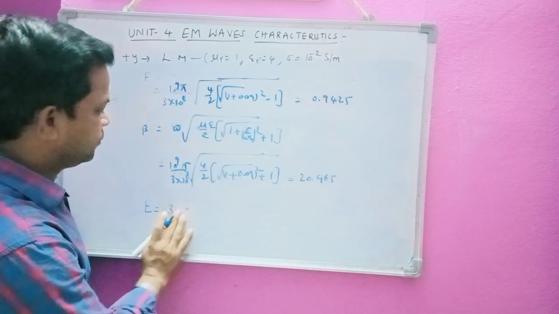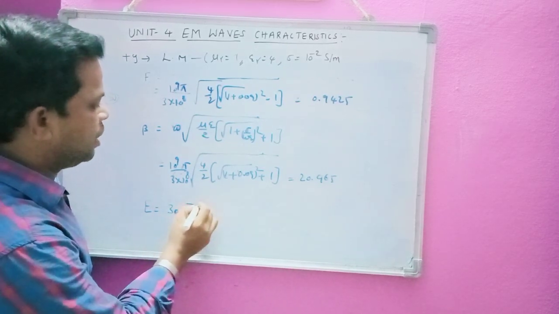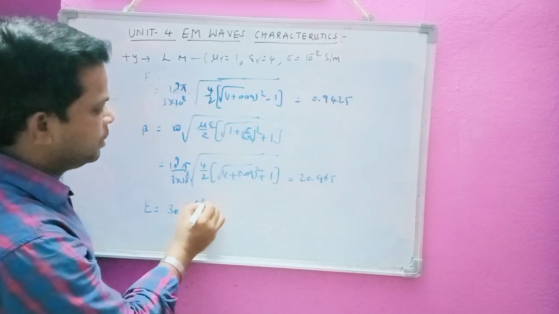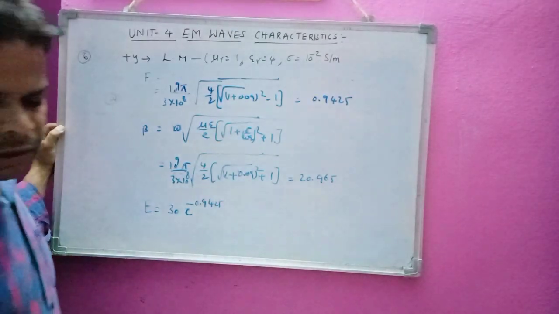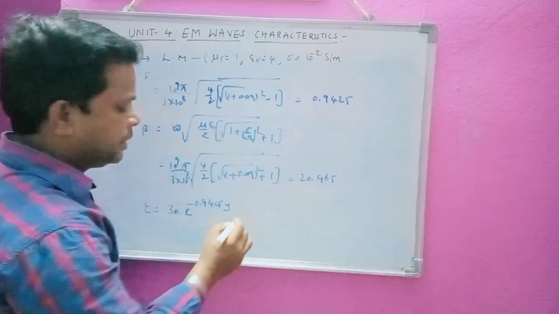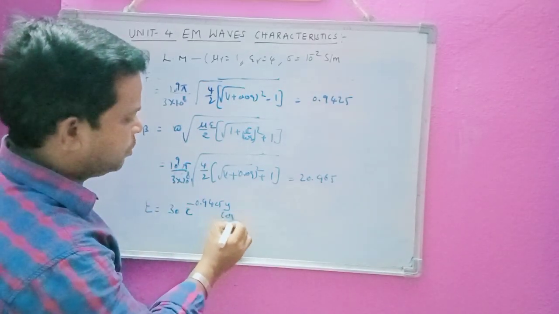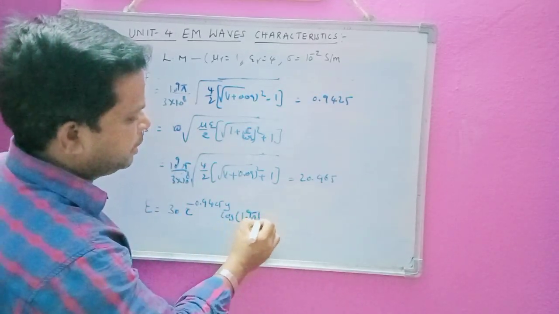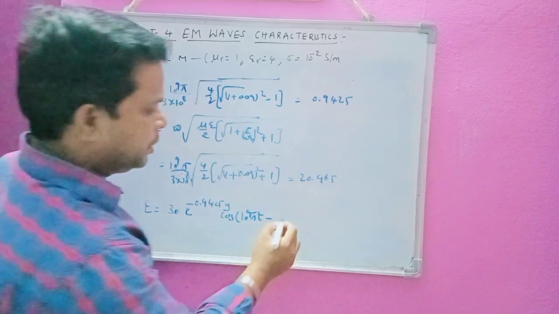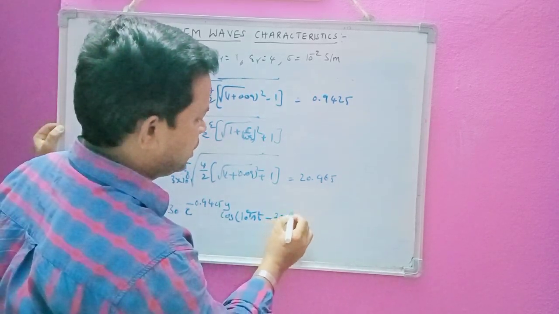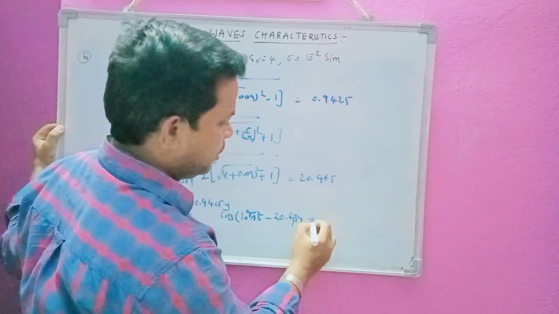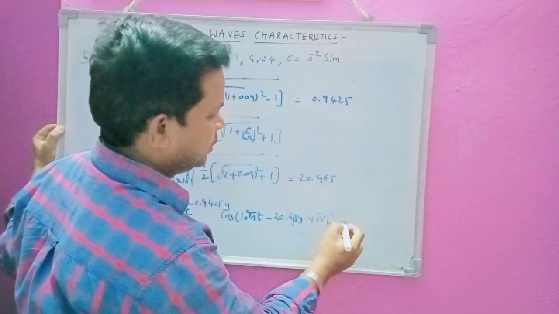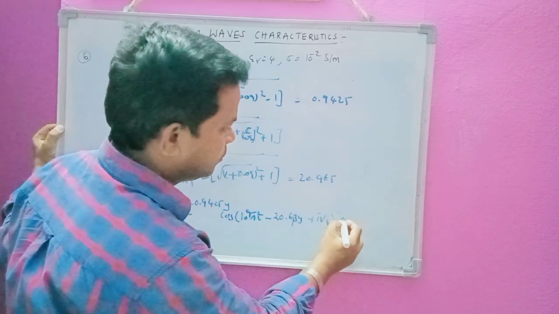Alpha, here we got 0.9425, and the wave is propagating along the y direction. That's why I will take y here, and cos 10 power of 9 pi t minus 20.9 beta y plus pi by 4, into az.